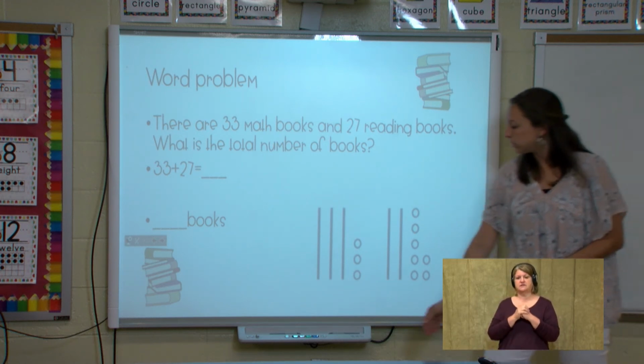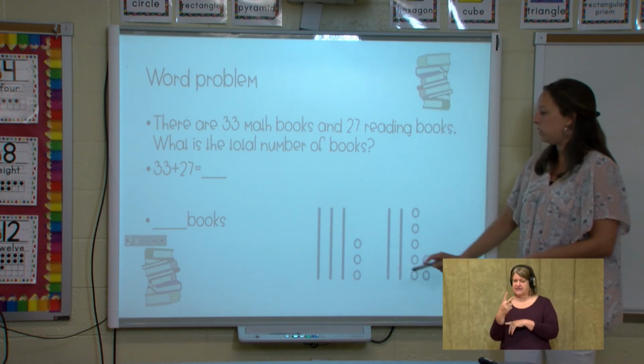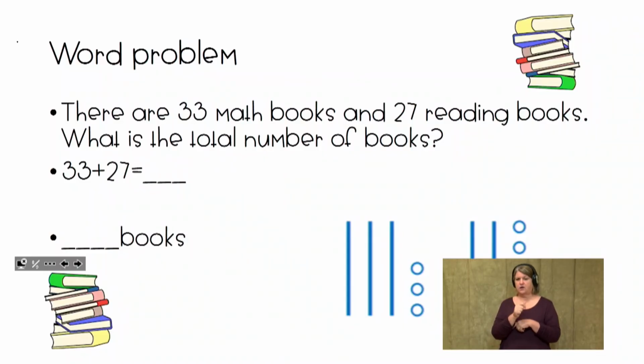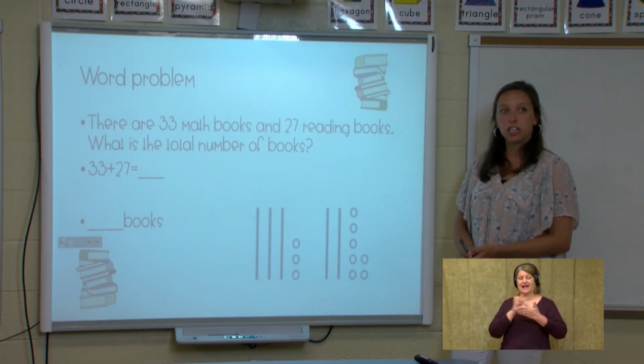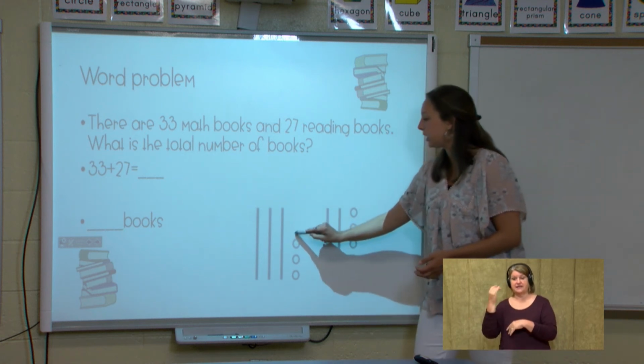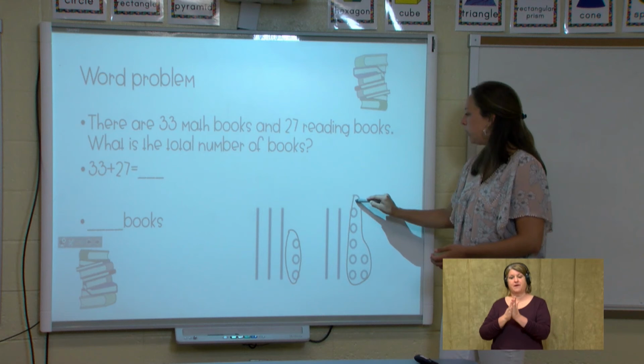Okay, let's count our ones to see if we can make a group of 10. 1, 2, 3, 4, 5, 6, 7, 8, 9, 10. I counted out 10 cubes. If I count out 10 cubes, we know that the 10 cubes can equal a rod.